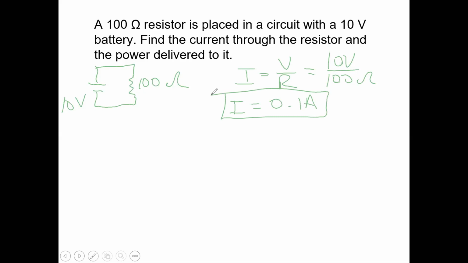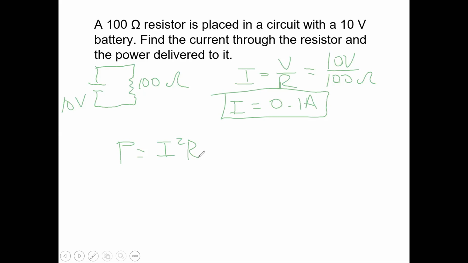The other thing this question asks is, what's the power delivered to this resistor? So we can do this a couple different ways, but I'm going to look at this one right here. And specifically, why did I choose that one? Well, because I'm not quite sure how much voltage the resistor uses up. I mean, honestly, I can probably guess it's 10 volts, and you guys know that. That's fine.